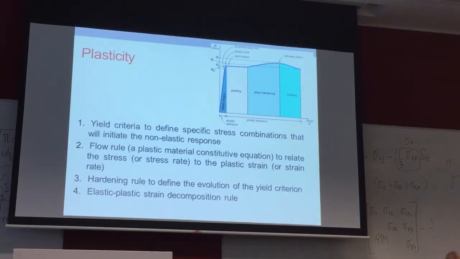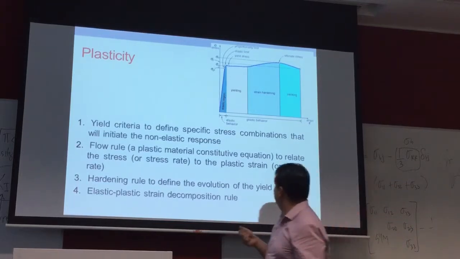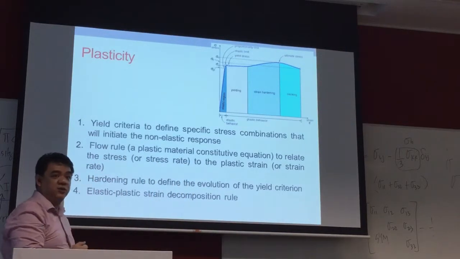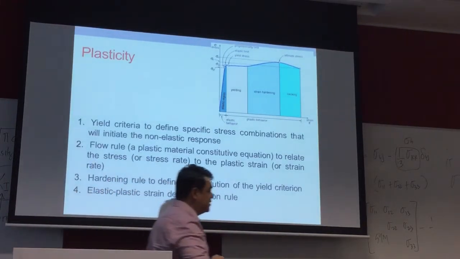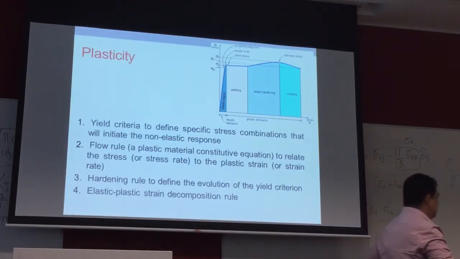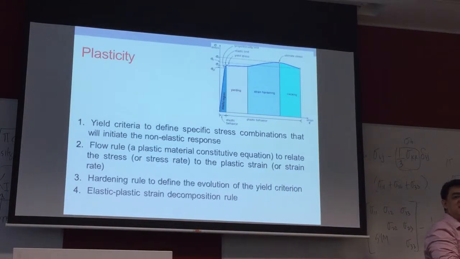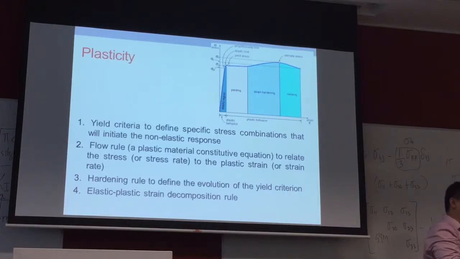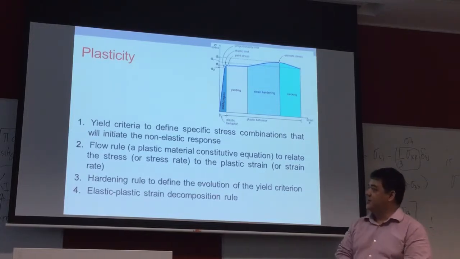Right? So the next thing, flow rule. A plastic material constitutive equation. So we have our constitutive equation for the theory of elasticity: stress equal to the stiffness multiplied by the strain. Of course, if you're just looking at 1D, stress is equal to the modulus multiplied by the strain.